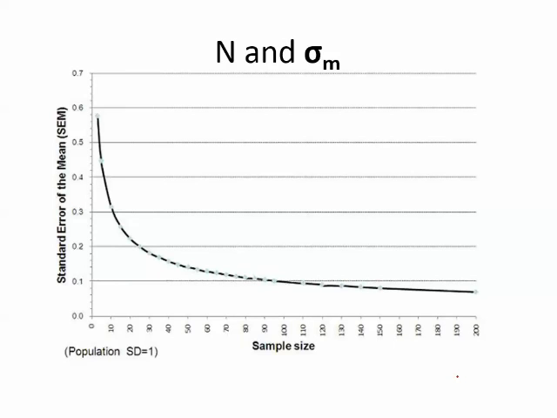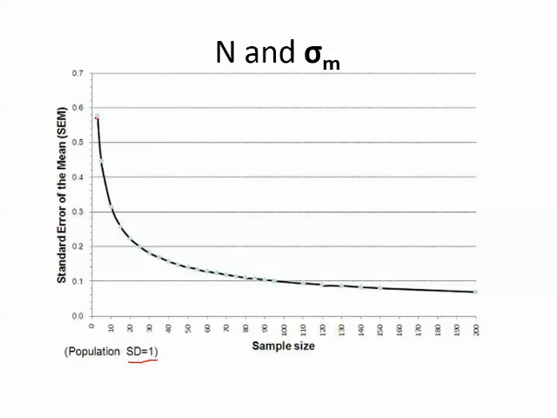So here's a graph, and this is also shown to you on page 183 of your book. For a given standard deviation, this is the expected error in a population with a standard deviation of 1. As we increase our sample, we'd expect this kind of decrease.